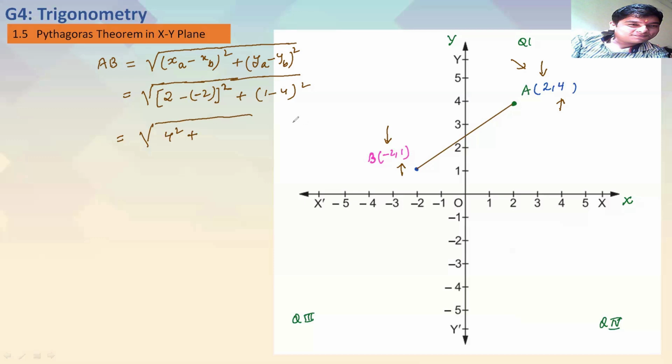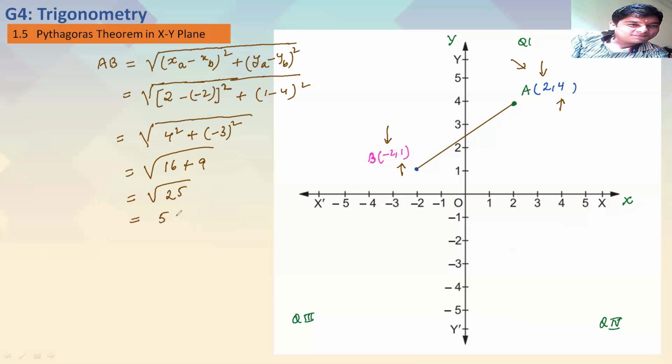And 1 minus 4 is -3. Wonderful. So this is 16 plus 9. What is it going to be? 25. And the final answer would be 5.